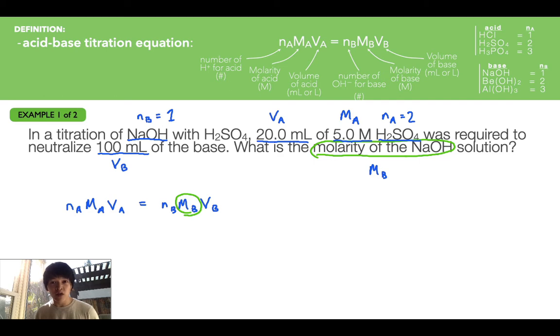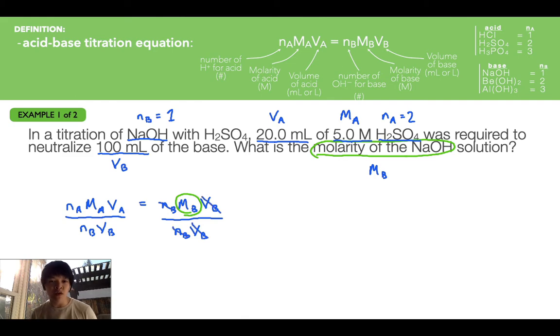So we have to isolate it from the equation. To isolate it, we have to get rid of Nb and also Vb. Divide it on the right side. If we do it on the right side, we have to also do it on the left side because this is an equality. Okay, on the right side, Nb and Nb cancel out, Vb and Vb cancel out.